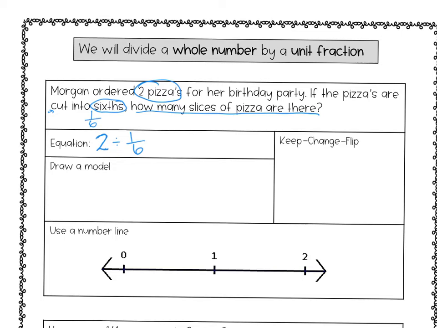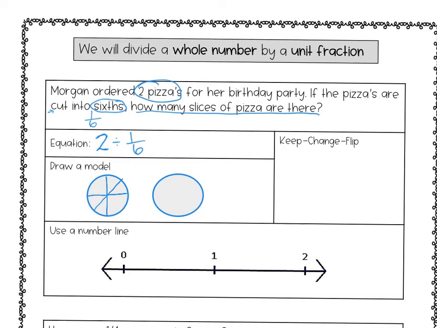So we know that she has 2 pizzas. I'm going to draw my 2 pizzas, 1 and 2. Then she takes her pizzas and cuts them each into 6 slices. So I'm going to cut these pizzas into 6 slices: 2, 4, 6.